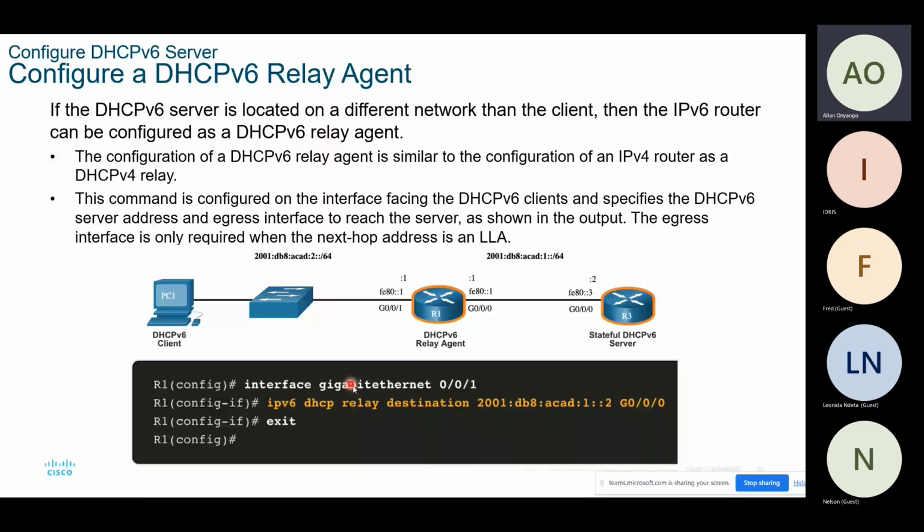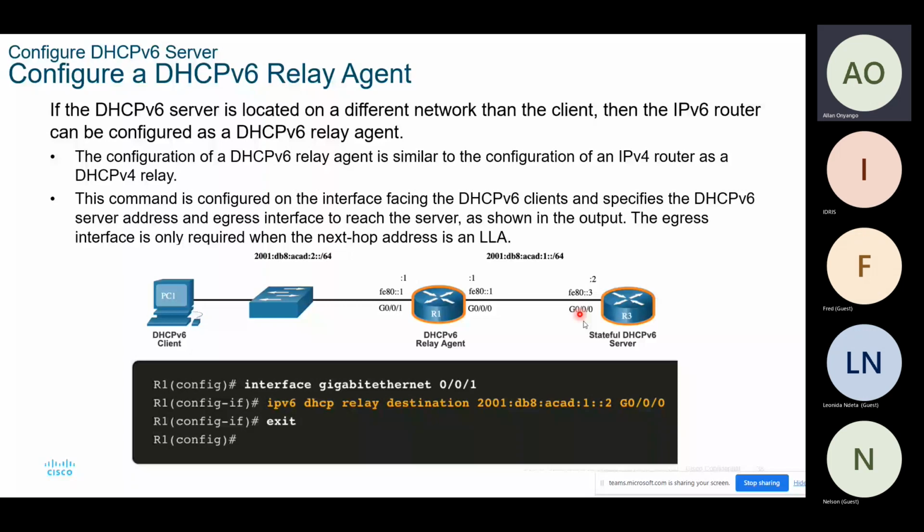Then the command, instead of saying ip helper-address, you say ipv6 dhcp relay destination. Once you say that, then you must put the IP address of this interface, the interface of the server connecting to the relay agent.